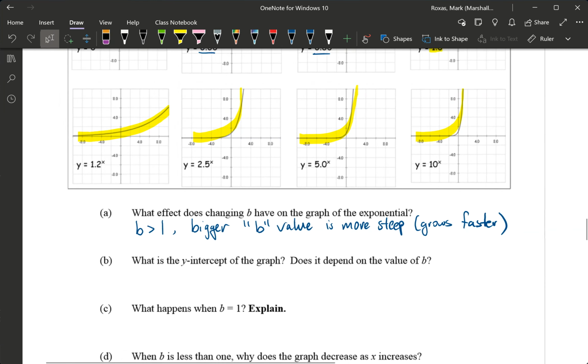Right, so you can see that here, right? So 1.2, 2.5, 5, 10, these bases are getting bigger and bigger and bigger. And as you go from left to right, you can see the steepness getting steeper, steeper, steeper. It's growing much faster.